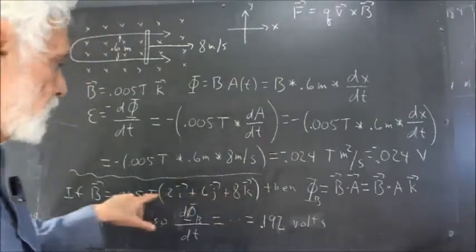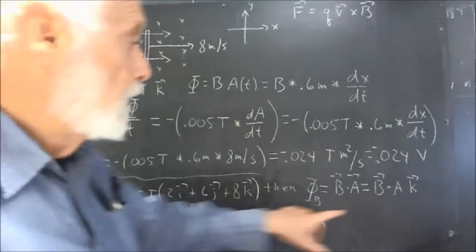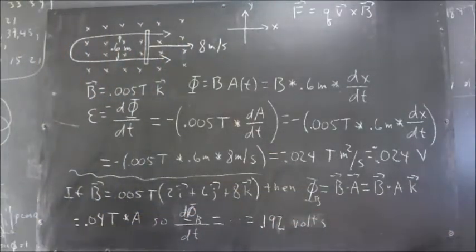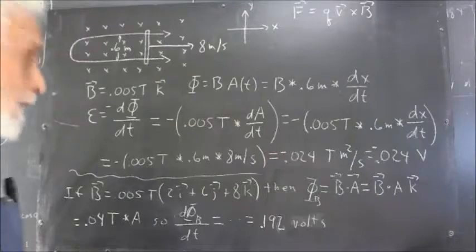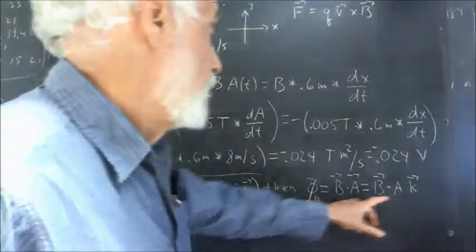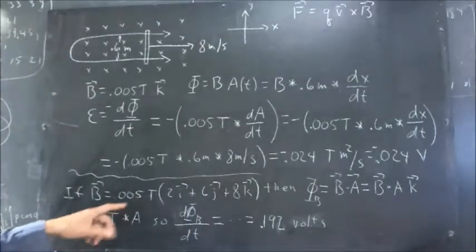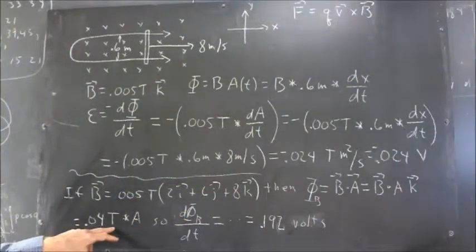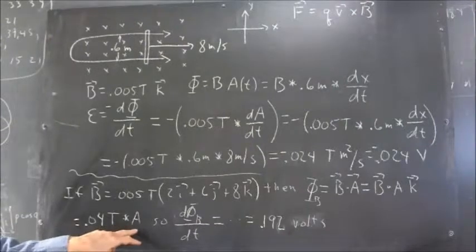So out of the dot product of this vector with the K vector, we just get 8, which is then multiplied by the 0.005 Tesla of the magnetic field vector and the area A. So multiplying 8 by 0.005, we get 0.04 Tesla times the area.